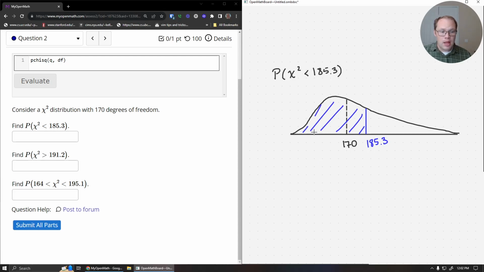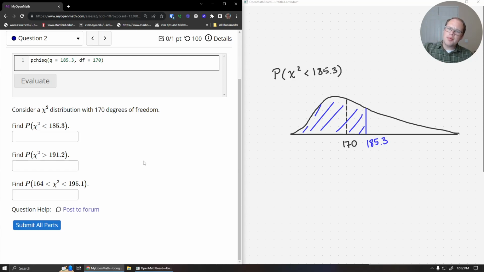Okay? This is exactly what this function tells us. It tells us the probability to the left of a value that we plug in. So let's just plug in what we know. We want the chi-square value at 185.3. We want the degrees of freedom to be 170. That's what it tells us right here.